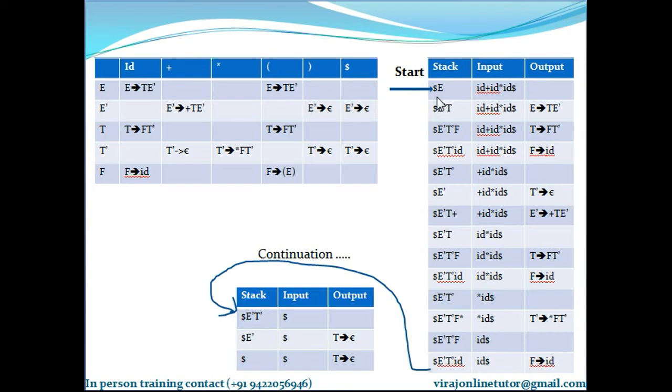At the start you place dollar and the starting symbol on the stack, and the input string is id plus id multiplied by id, ending with a dollar sign. Dollar is just an end of string marker.